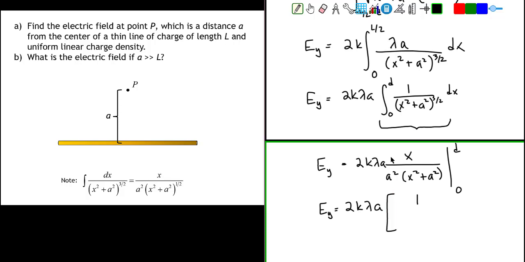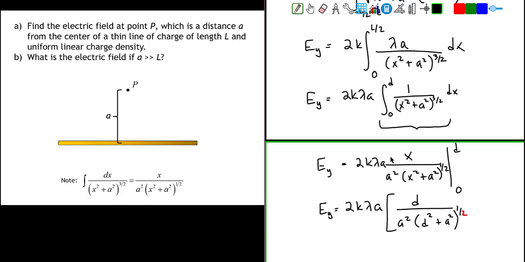The first term is d over a squared. Oh, and I forgot the 1/2 up here. D over a squared times the quantity x squared. But wait a minute, we're plugging in the upper limit of integration, so that'll be d squared plus a squared to the 1/2.